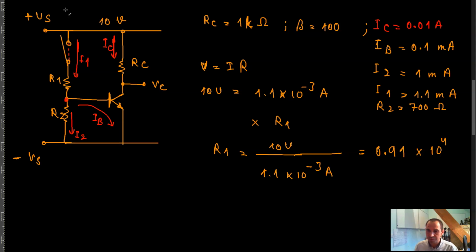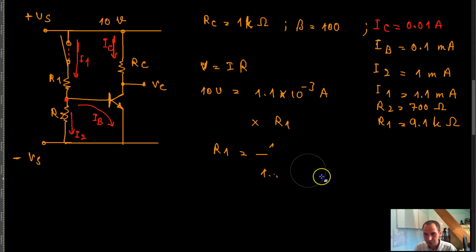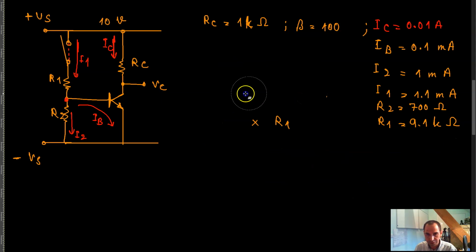That is basically 0.91 into 10 raised to the power 4 ohm, which is the same thing as 9,100 ohm, which is 9.1 kilo ohm. Of course, this is not in range, but you have to find some good resistor for that. So R1 is equal to 9.1 kilo ohm. That's basically all the values that you would need for this circuit.